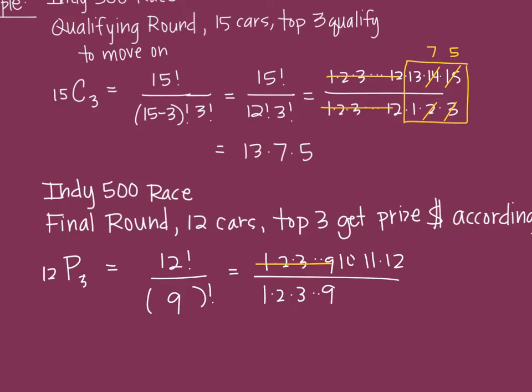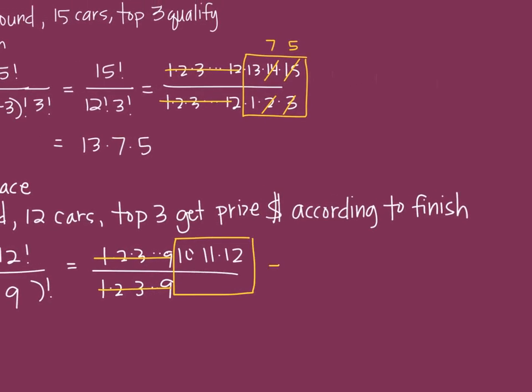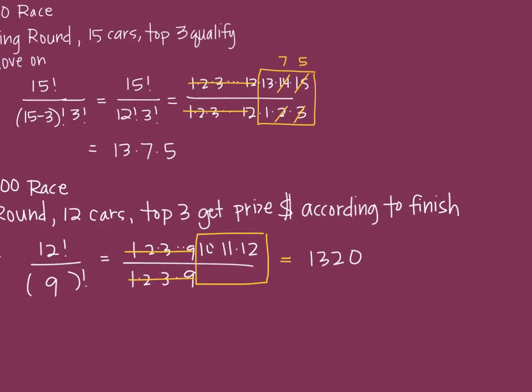And so the first 9 terms would reduce away, and we're left with 10 times 11 times 12, which ultimately is 1,320. So the Indy 500 could finish in 1,320 different ways. So we're counting up the number of outcomes that there could possibly be.